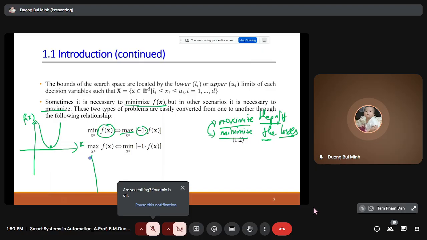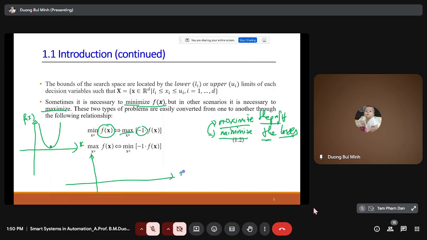Now if we have minus f(x), it becomes this one, so this is the maximum. So if we find the best solution to minimize f(x), and then you times -1, you get maximization. Or vice versa, if we find the best solution to maximize f(x), and then you times -1, maximization becomes minimization.